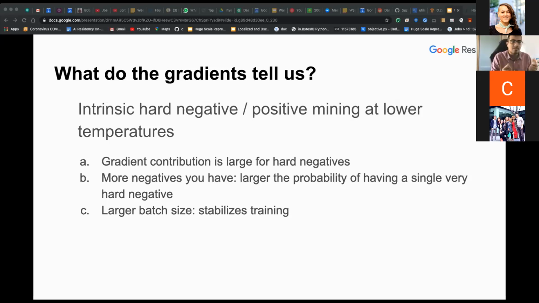So larger batch sizes also increase the probability that you end up hitting a strong positive or a strong negative for your given anchor. And we don't know of any work that has actually tried to argue it this way.